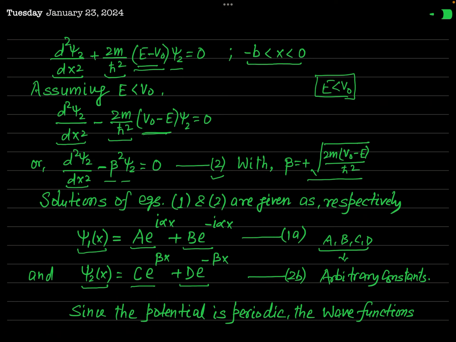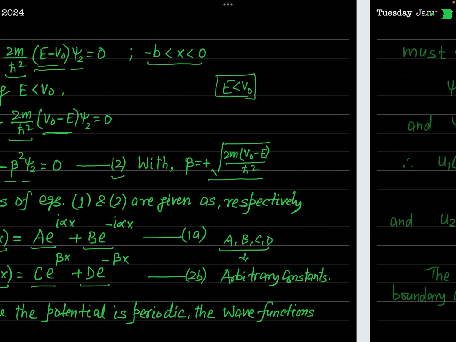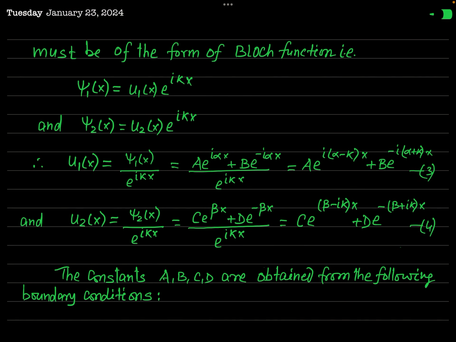So, taking this fact of Bloch's theorem into account, in the present situation you can say that the solution of the first Schrodinger equation, that is psi 1 of x, can be written as u1 of x times e to the power ikx. This has been written on the basis of Bloch's theorem, okay? Definitely, you have already studied Bloch's theorem, so there will be no problem in understanding this.